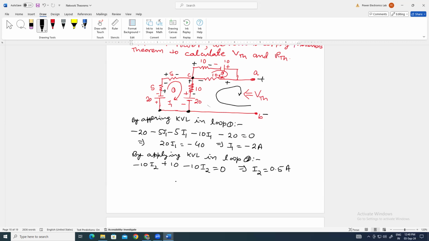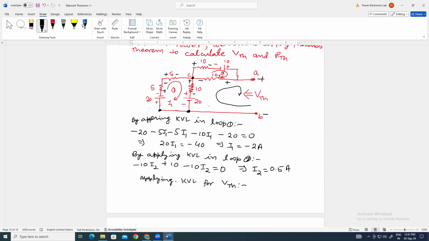So -2 + 20 मीन्स applying KVL in, ये loop तो नहीं है, applying KVL for VTH.